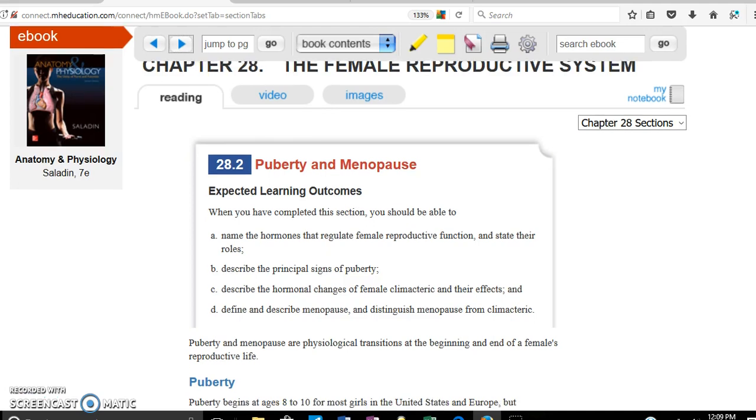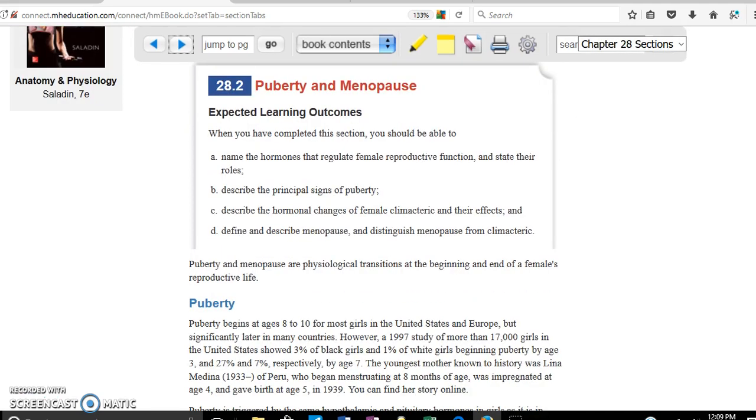The next topic is puberty and menopause, and these are the changes that happen in the female reproductive system due to the presence or absence of hormones. In the case of puberty, there is a peak in hormones, in particular estrogen and progesterone, that are going to make these changes in the female reproductive system, especially when the female reaches puberty.